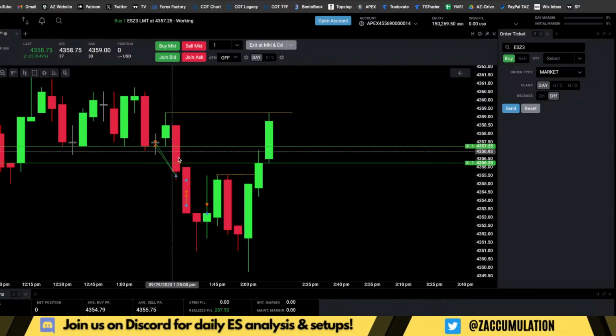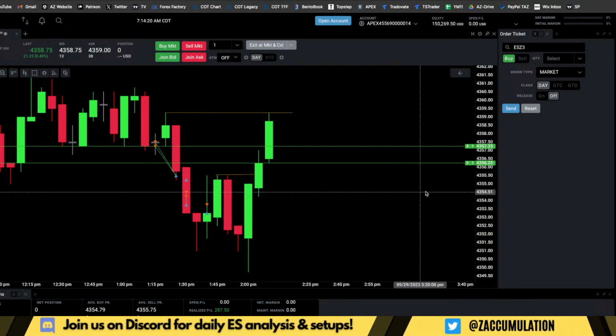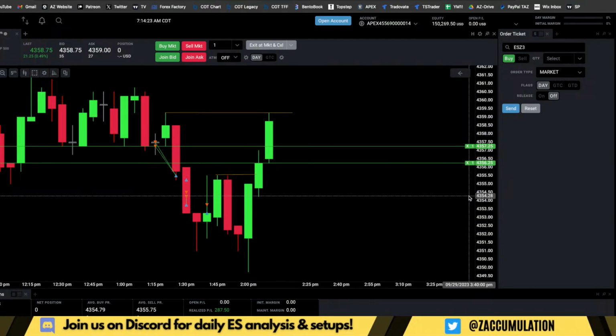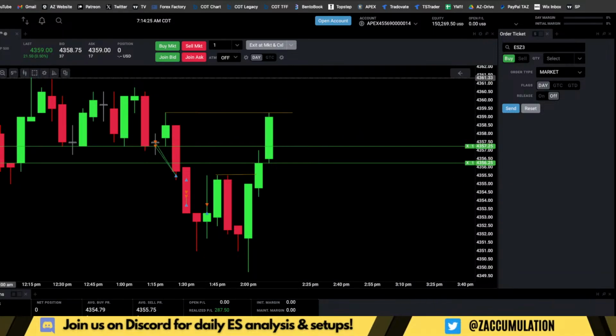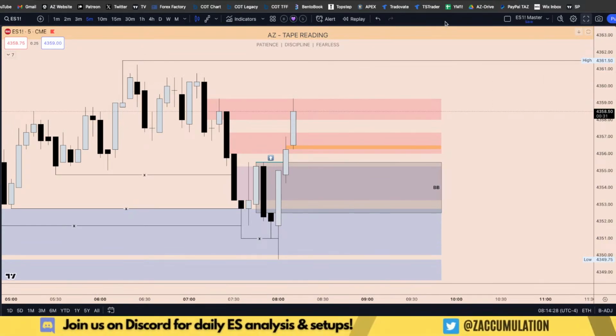Entry on this inversion, entry on this bullish fair value gap paired with the breaker, blah blah blah. If we get down till here, we will see what we do with the position until then. 30 seconds to go on this close.